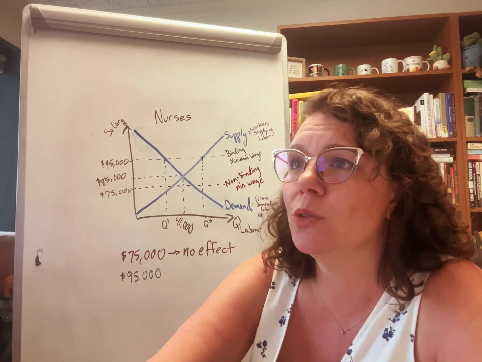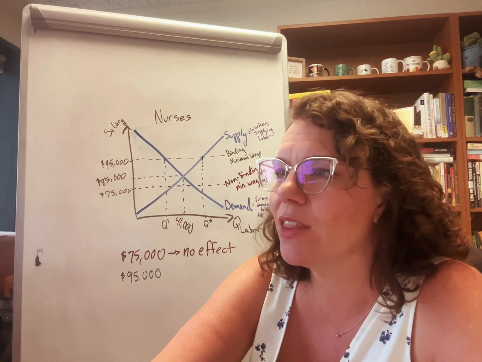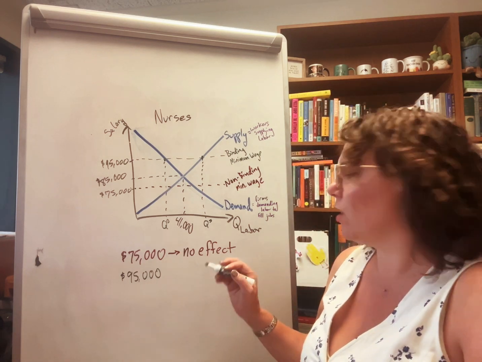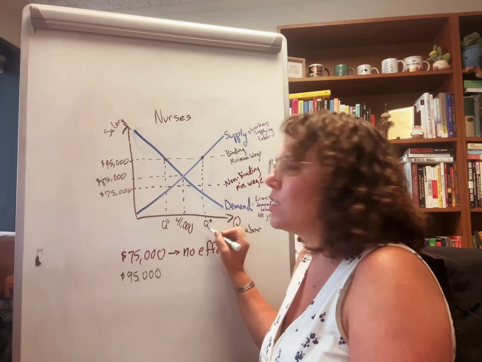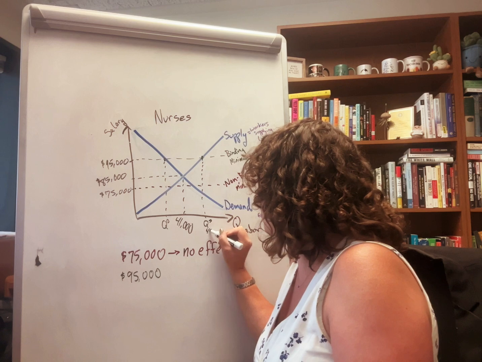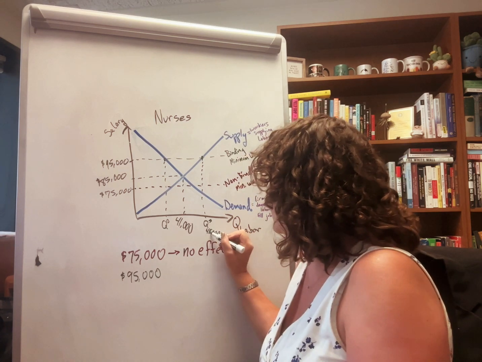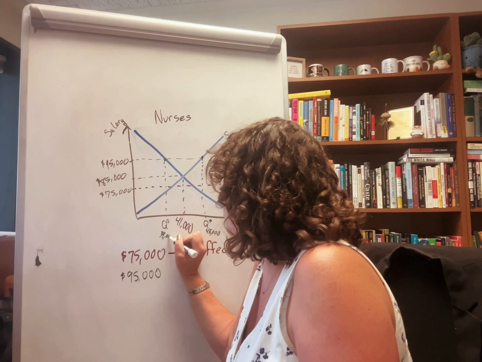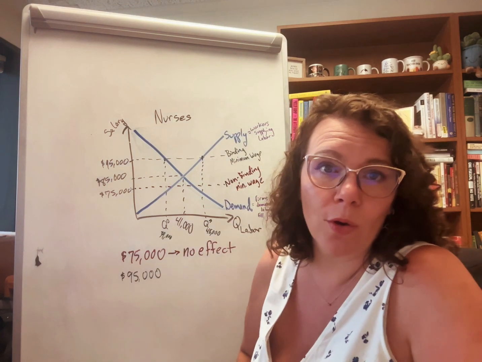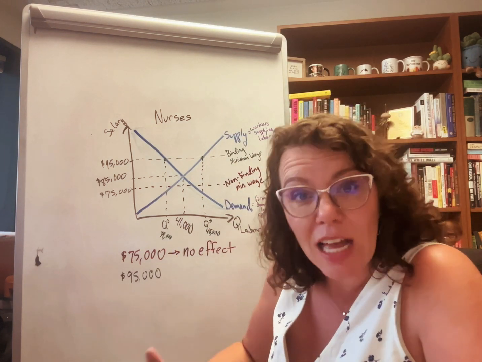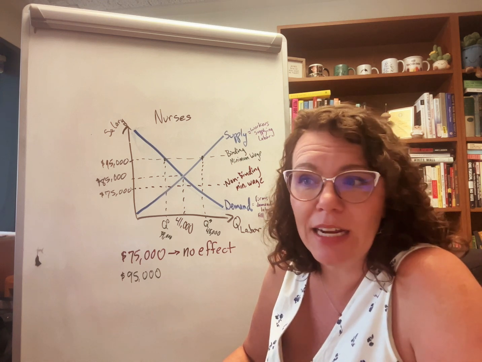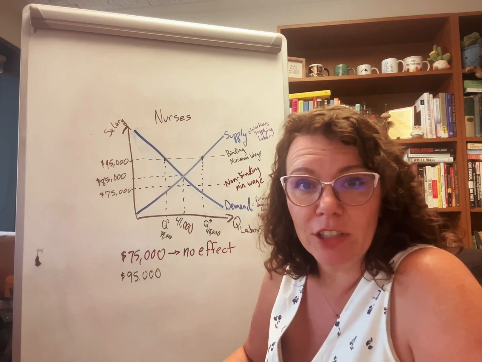If we go to the textbook, I believe at $95,000, the quantity of labor supplied is going to be 48,000 nurses willing to work, and only 39,000 jobs available for those workers. If you want to look at the slides, I'll pop it up for you so you can see that information, but they've got a table with that data in the current online version of the textbook.